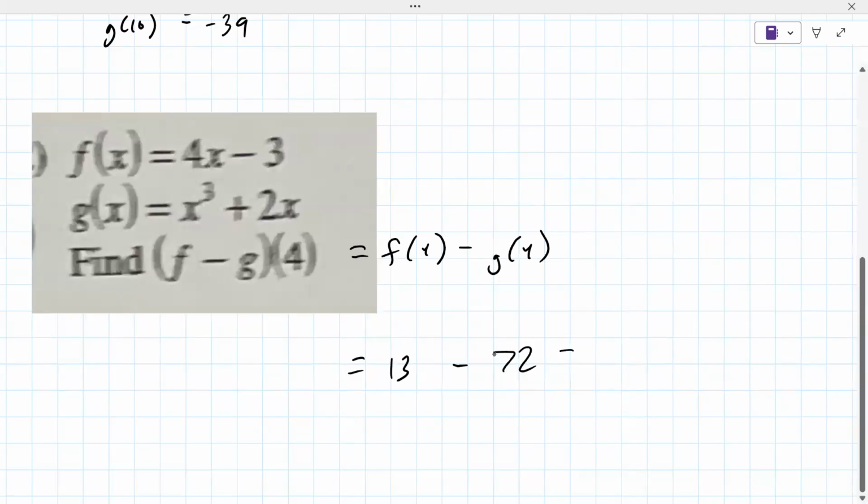Okay, what does that become? Negative 59. Okay, very good. So the only thing that I think could potentially pose a problem for you based on what I'm seeing right now is understanding how to evaluate with different signs.